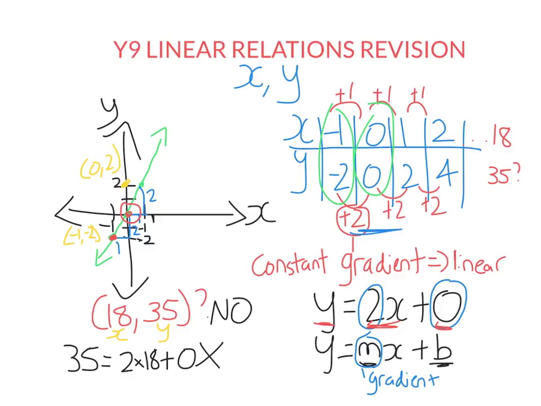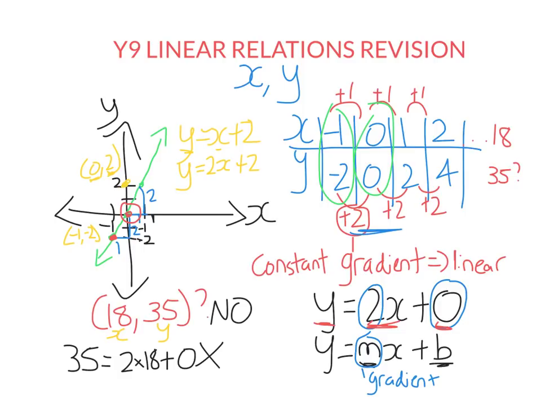So if I wanted to give the equation of a line that went through 0, 2, that's pretty easy. It's just saying what's a possible way I get the y value from the x value. I could just take the x value and add 2. y equals x plus 2 will go through that point, because 2 does equal 0 plus 2. I could have the equation y equals 2x plus 2.